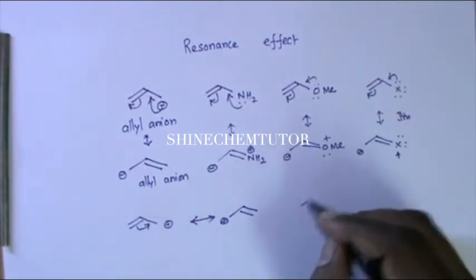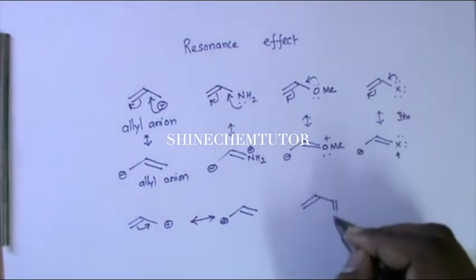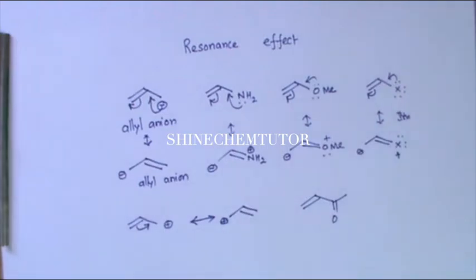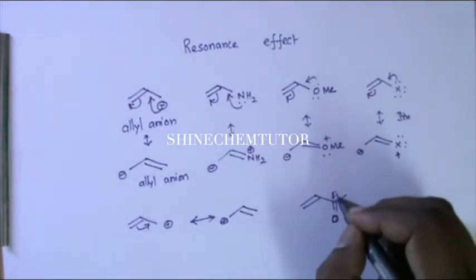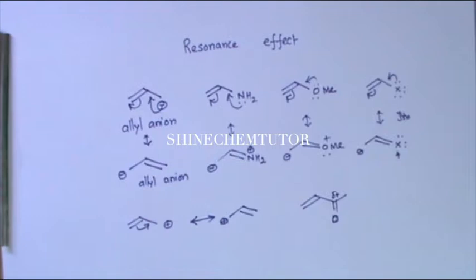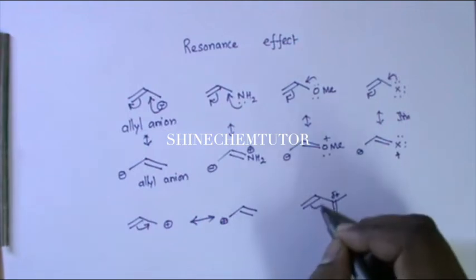A similar system like this. Here we don't have a carbocation or carbanion. But because of this more electronegative atom, we have delta plus on this carbon. It is not exactly plus, it is delta plus. There is some positive charge. So what happens?